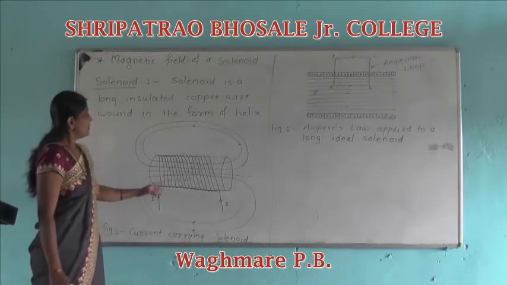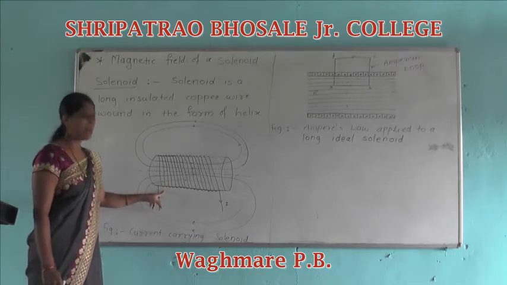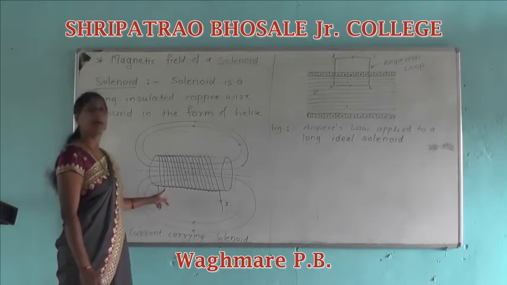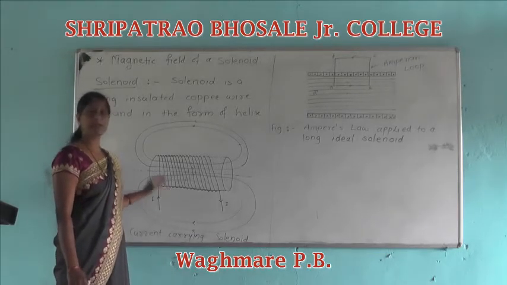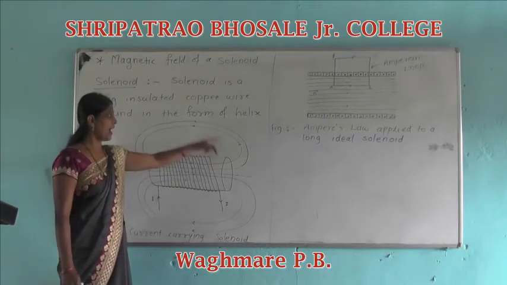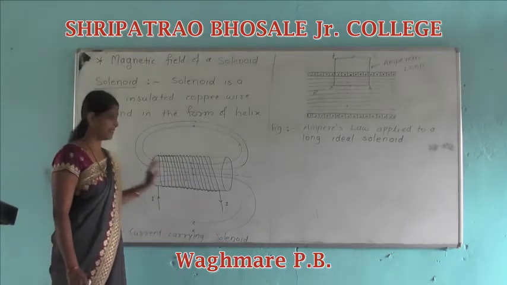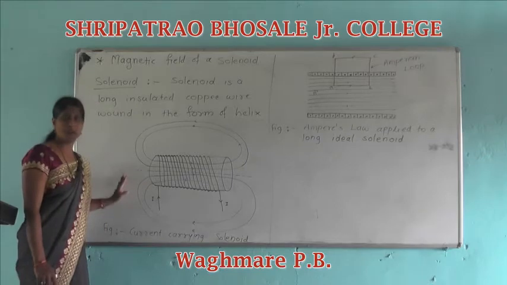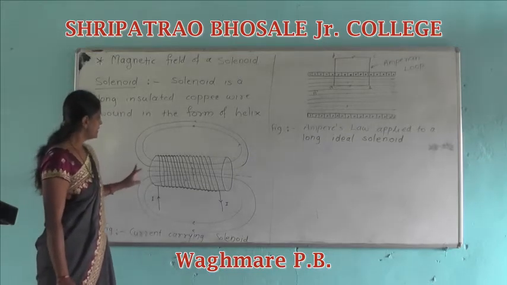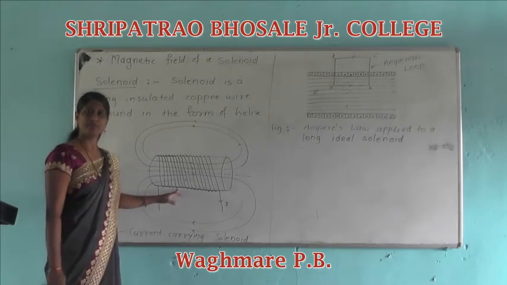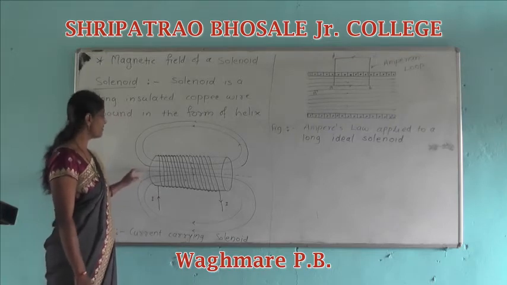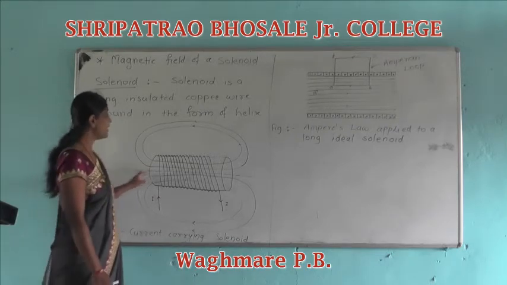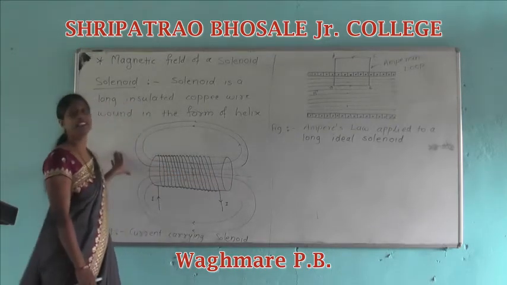Due to the current passing through this solenoid, a magnetic field is developed inside and outside the solenoid. For an ideal solenoid or a real solenoid, the magnetic field at the axis of the solenoid, or inside near the axis, is uniform.